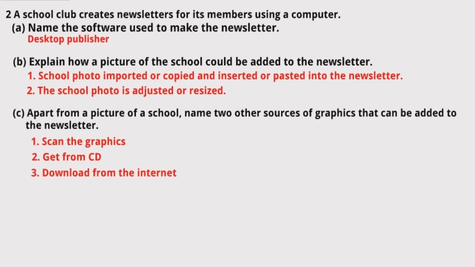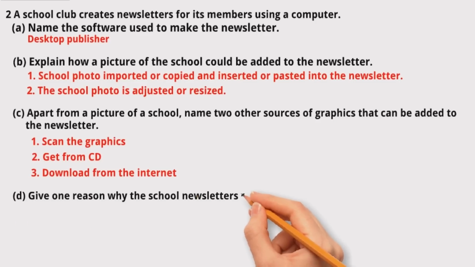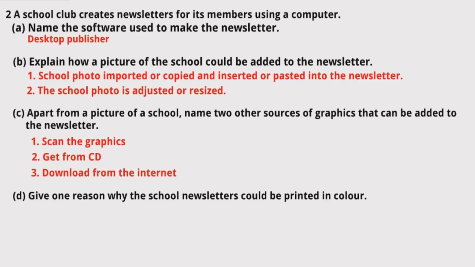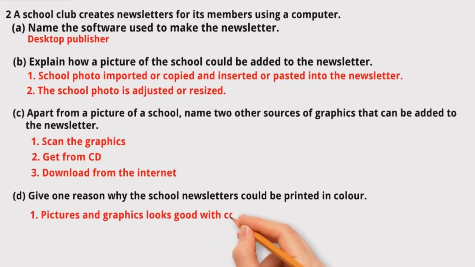Question 2D is: give one reason why the school newsletter could be printed in color. Why should the school newsletter be printed in color? One, pictures and graphics look good with color. If you have got graphs, you can give each graph a different color, and then when you print them in color, they will have a good appearance.